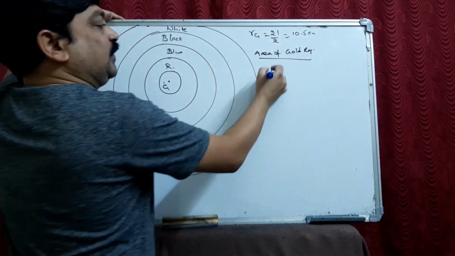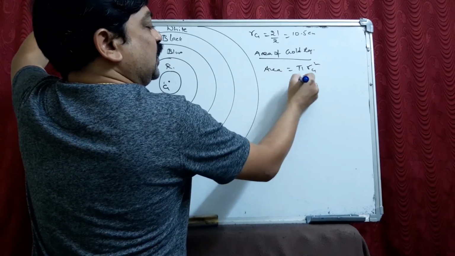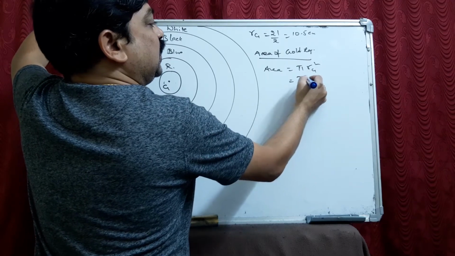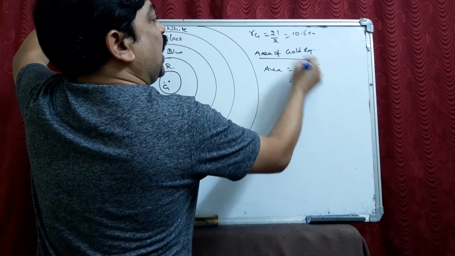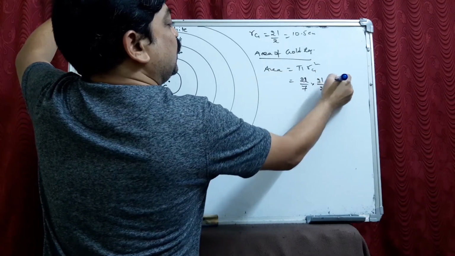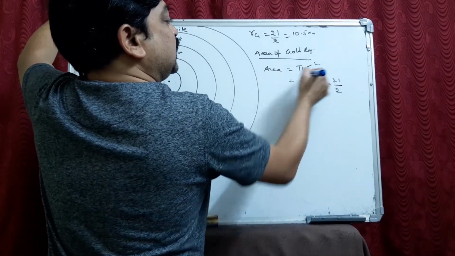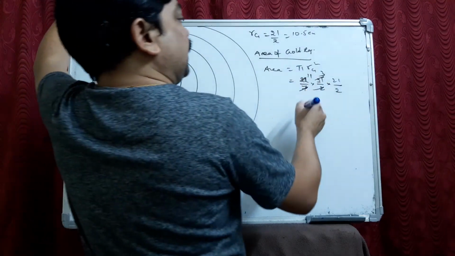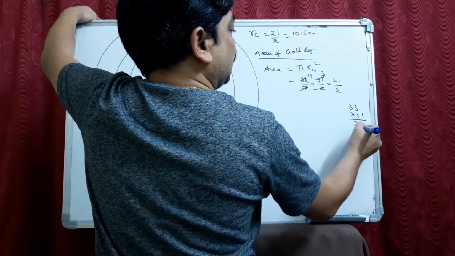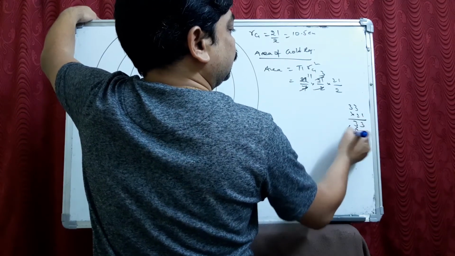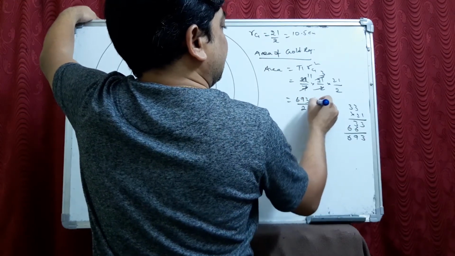You have the radius here, so area is equal to pi r square, rg square. I take pi as 22 by 7, and r is 21 by 2 into 21 by 2. 2 you cancel, 11 and 7 you can cancel, so 11 times 3 is 33 into 21, that is 693 by 2 centimeters square.